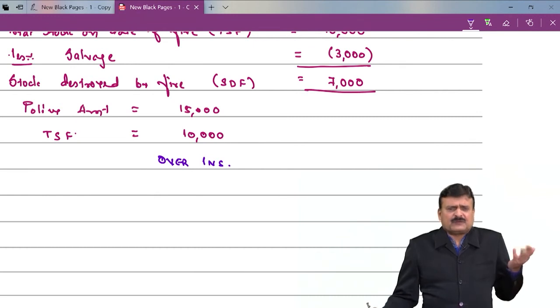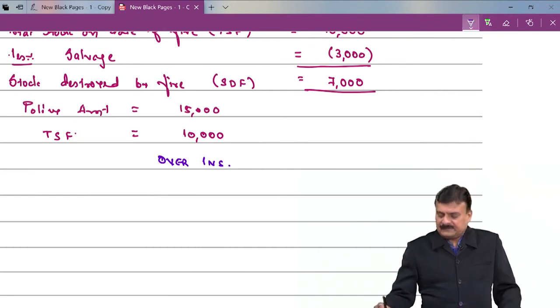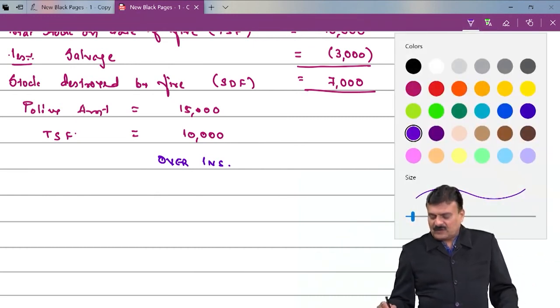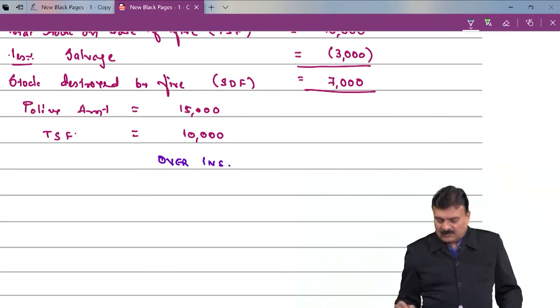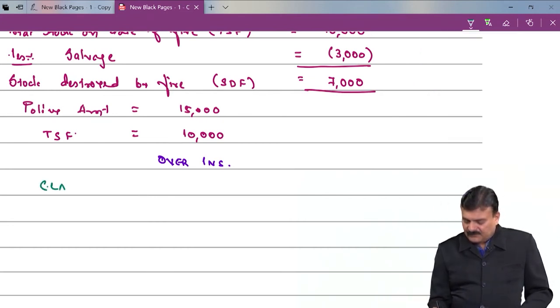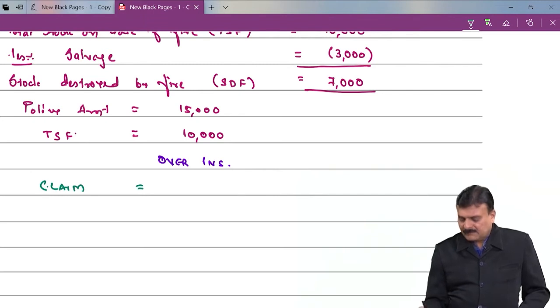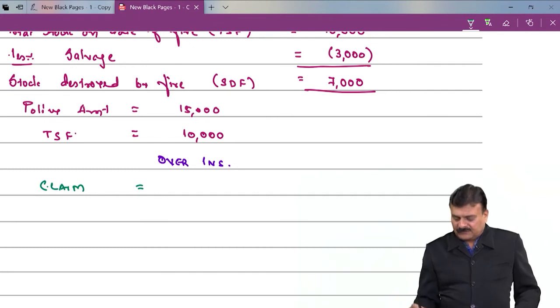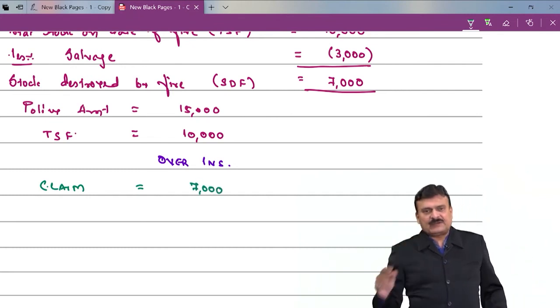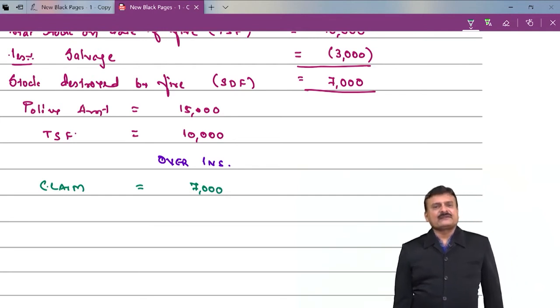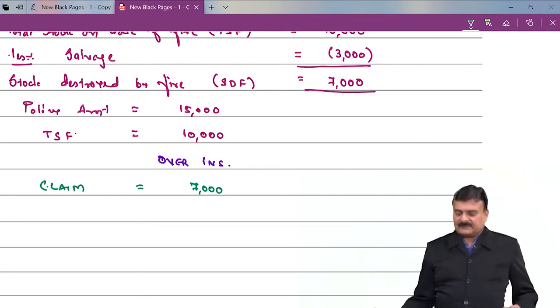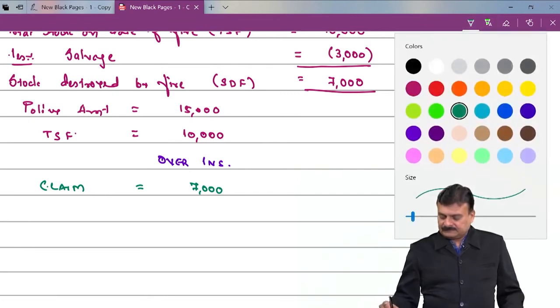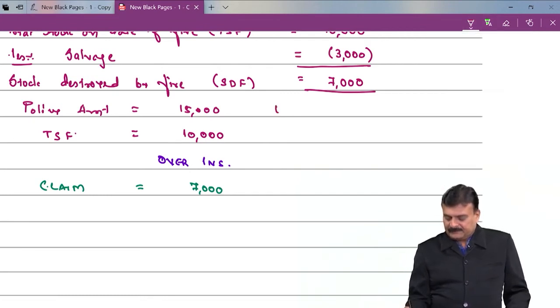We have sufficient insurance, and hence in this case of over insurance, the amount you will receive from the insurance company as claim will be your total stock destroyed by fire. Look at what was the stock destroyed by fire? 7,000. So the insurance company will give you the full amount, 7,000, as a claim. Going ahead, case 2. I am presuming the policy amount was 10,000.